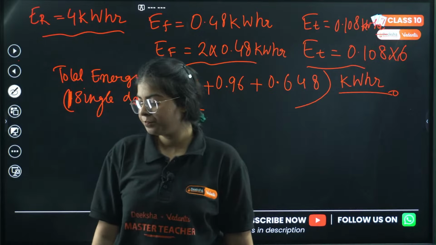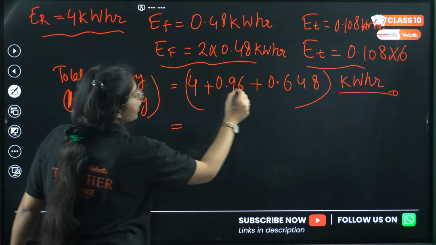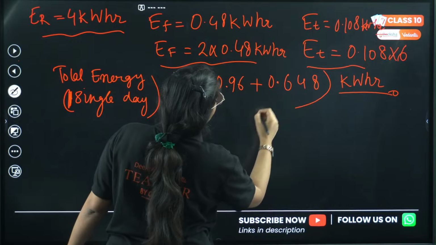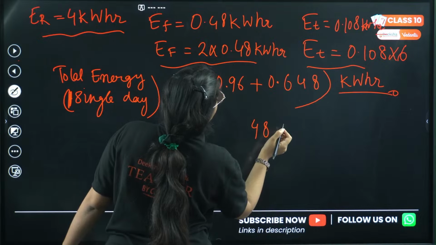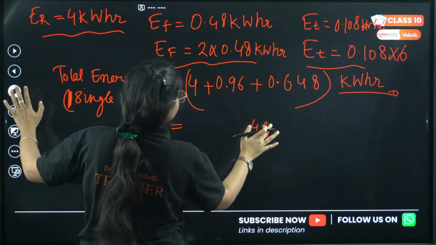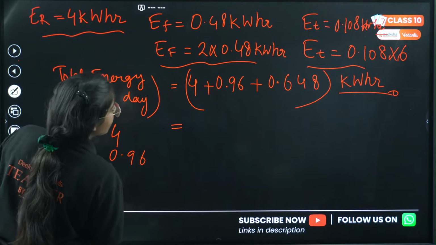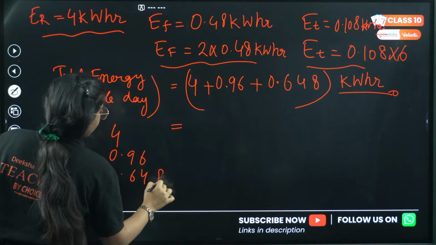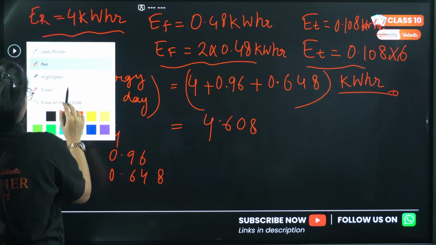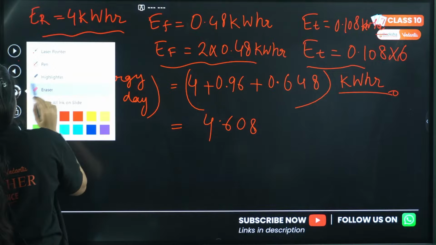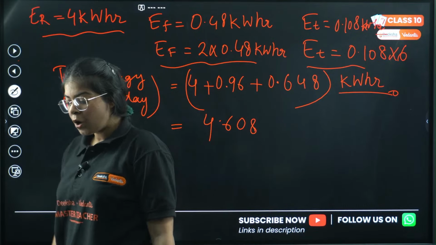Now just add these and we'll have the total energy. I did something wrong, right? So 4, 0.96 and 0.648. It will be 4.608. Okay? You guys also do the calculation carefully. So this will be my total energy consumed in one single day.